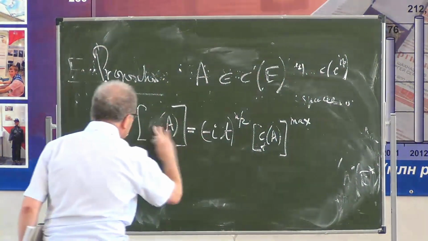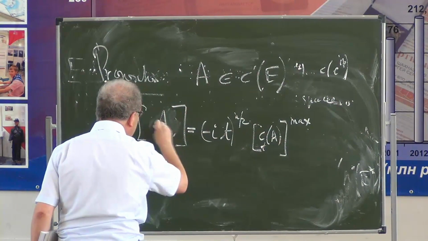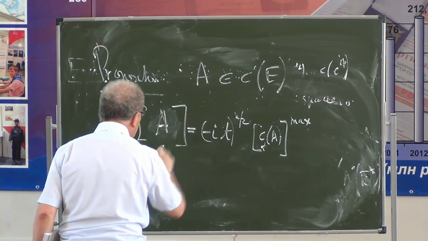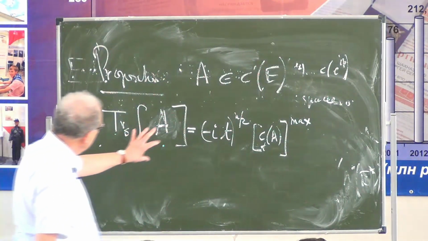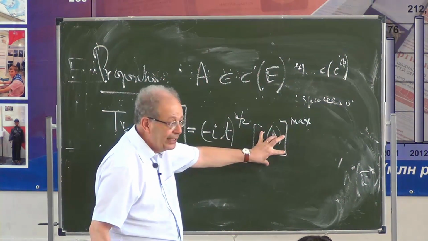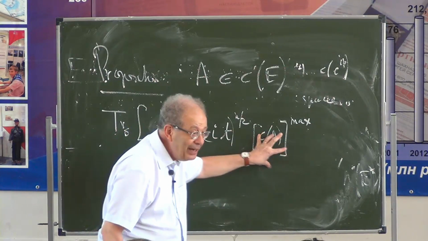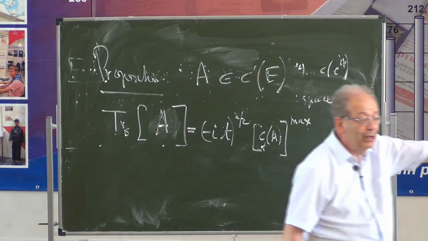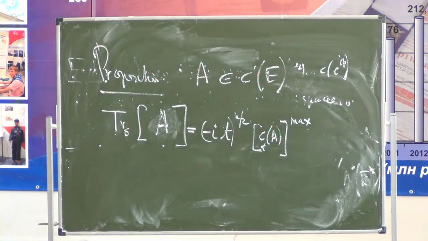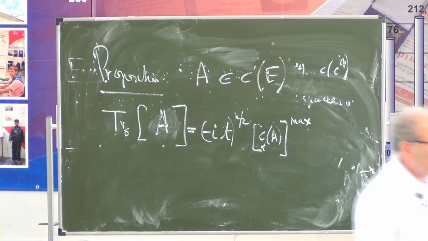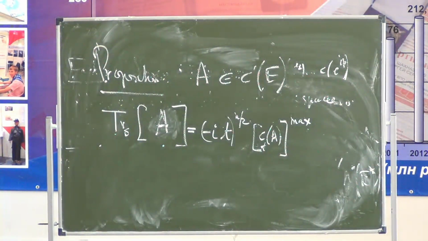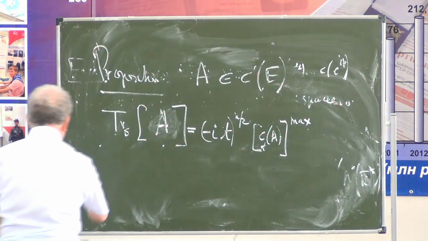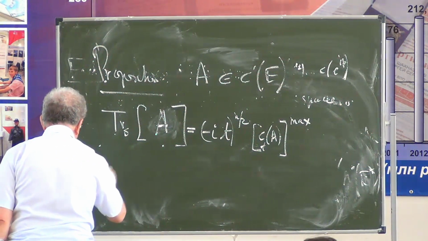So this is a supertrace on the spinors. I obtain this supertrace by representing A as Ct of A, expanding the Ct of A in terms of creation and annihilation operators, picking up the term of top degree, and simply scaling it by the factor minus i to the n over 2.